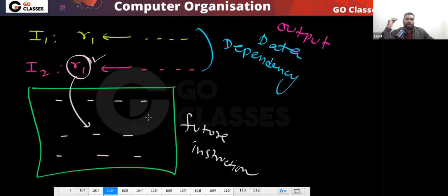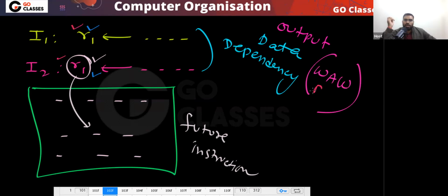That is the reason this is called output data dependency, or you can call it write after write. It means this write must happen after this write. Is this clear? So this is also called WAW dependency.